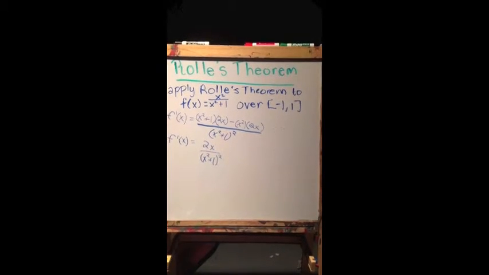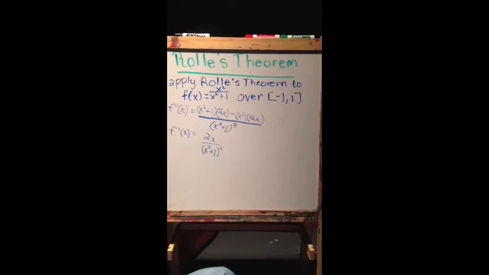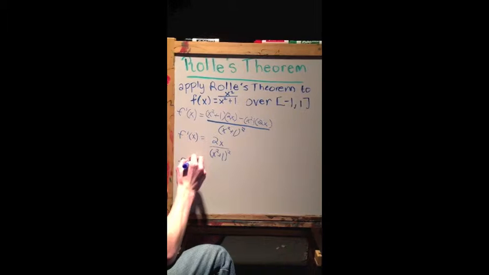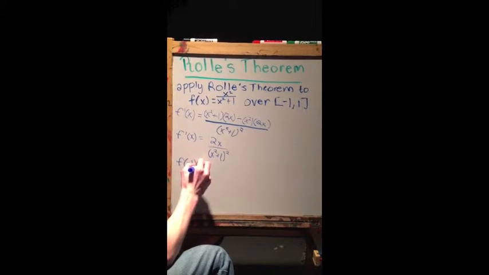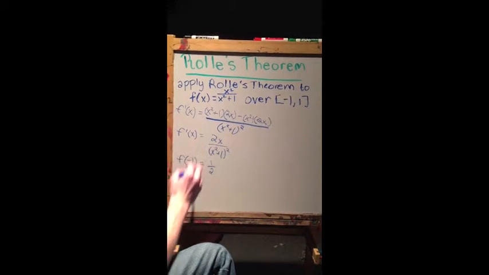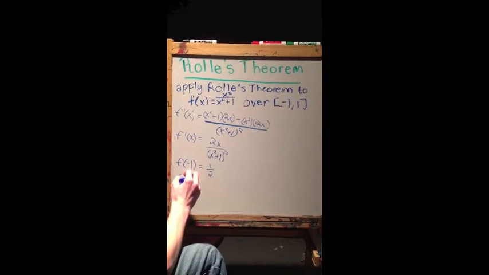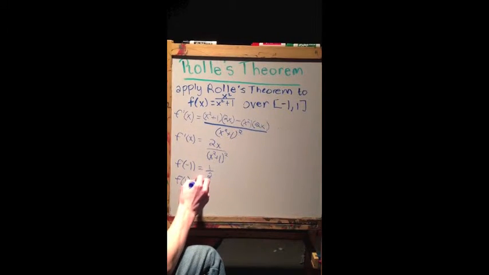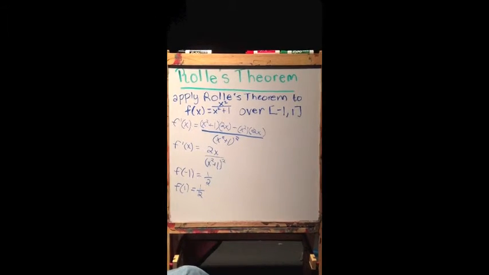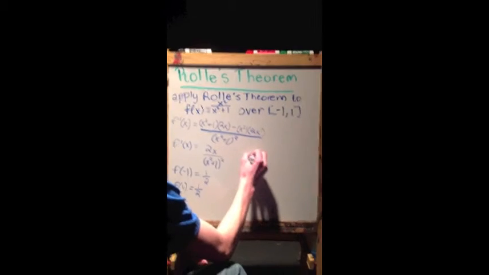Now plug -1 and 1 into the original equation. Which equals 1/2 for both. Now plug in c for x in the derivative.